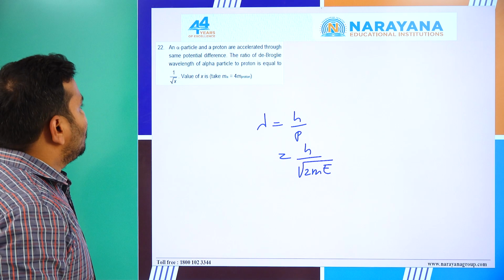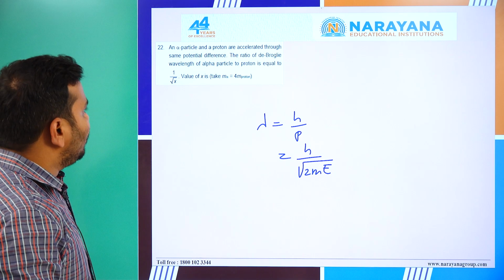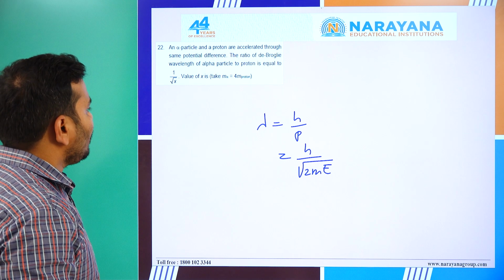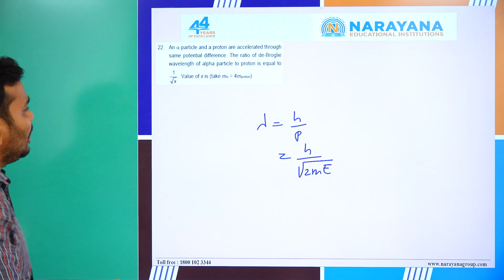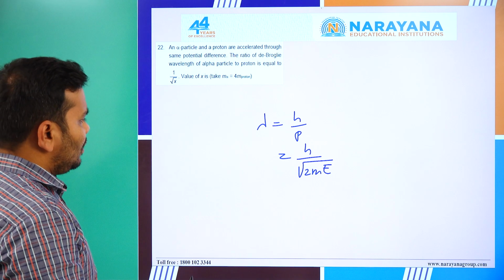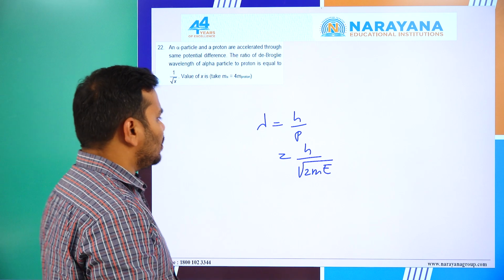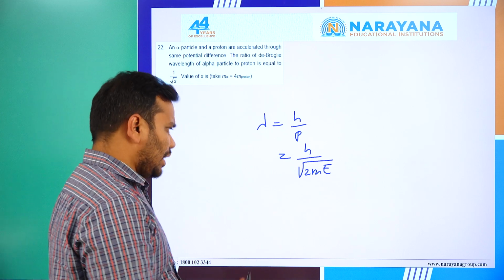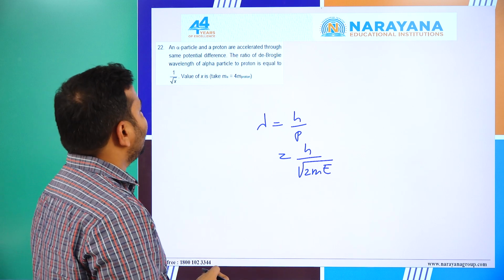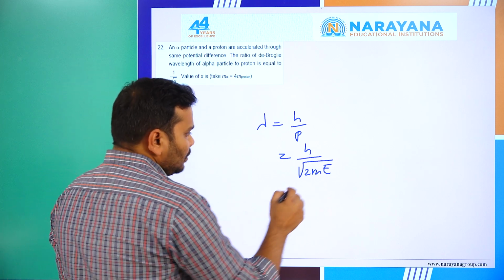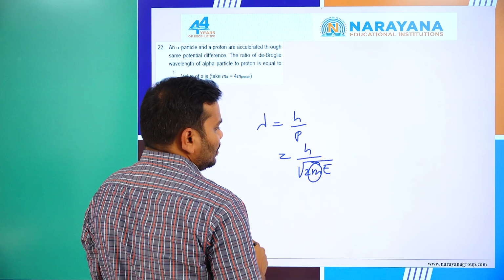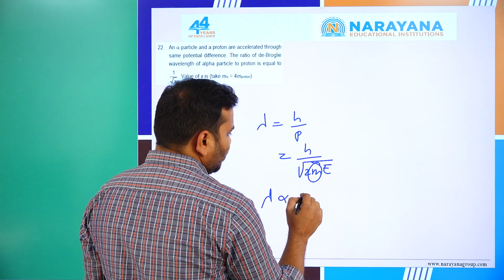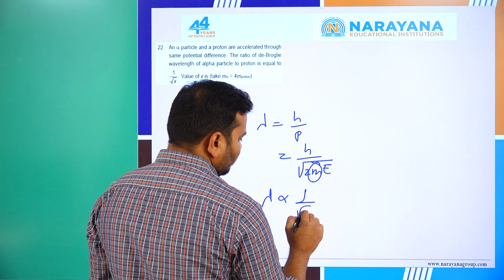The alpha particle as well as the proton are accelerated through the same potential difference, so they acquire the same kinetic energy, of course. But the mass is different, so lambda is inversely proportional to the root over mass.